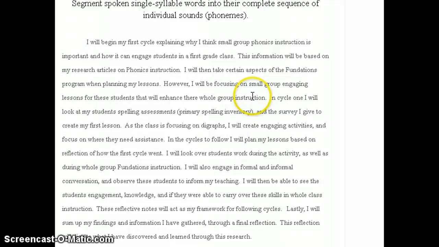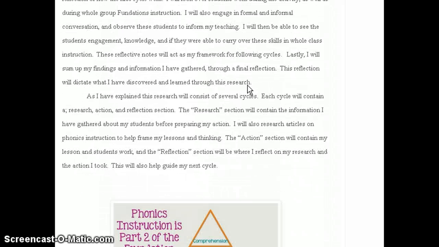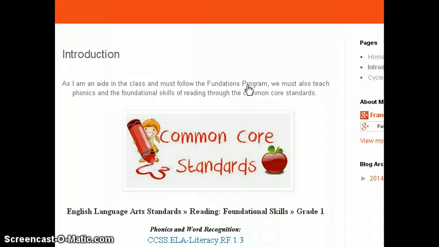So down here you began to talk about Fundations as an explicit and systematic way to teach phonics. But I think an overall introduction to the teaching of phonics, why it is deemed so important in the research as a foundation to literacy, I think that starts out well, and then move into an introduction of Fundations.